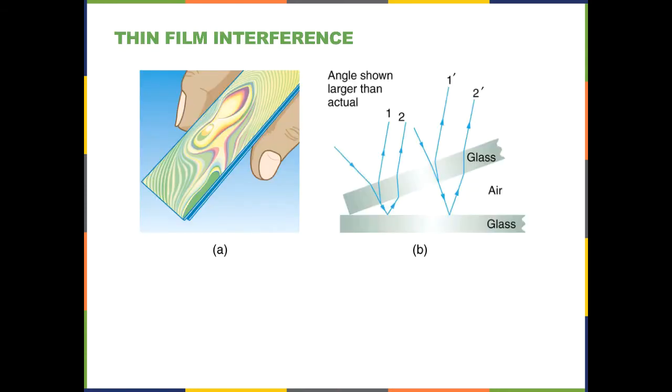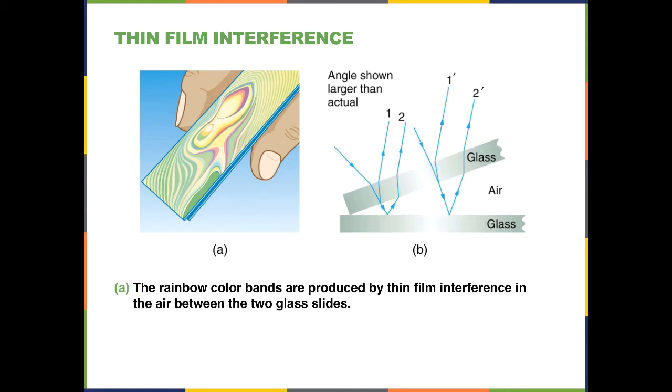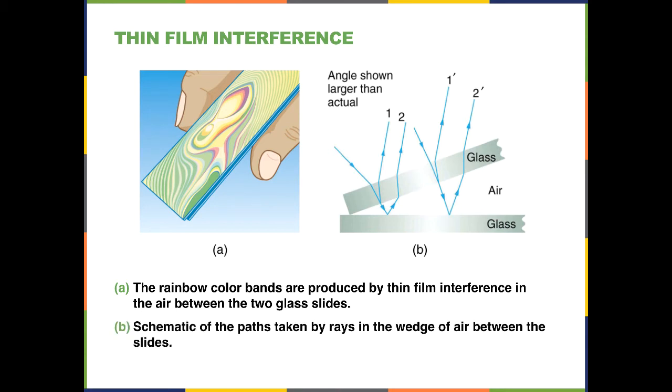For example, if you put 2 slides together, a rainbow sort of color appears, and this is caused by thin film interference with the air between the 2 glass slides. B shows schematically the path that these various rays take.